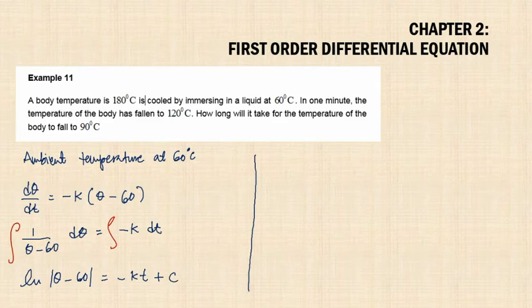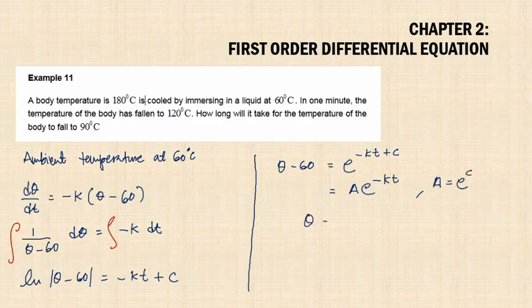Then by taking the exponent of both sides, we have θ minus 60 as e to the power of negative kt plus c, and then by separating the exponent, we have A e to the power of negative kt, where A is e to the power of c, and we have the equation of θ as A e to the power of negative kt plus 60 degrees.